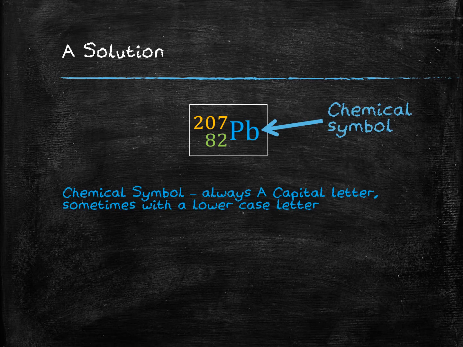We've got the chemical symbol, which is always a capital letter, and sometimes there's a lowercase letter following it, but it is always at least one capital letter with sometimes a lowercase letter to represent the element itself. Now, that letter and symbol regularly are taken from their names. However, in the case of lead, it's taken more from its Latin name, which was plumbum, which is why you've got the P and the B.